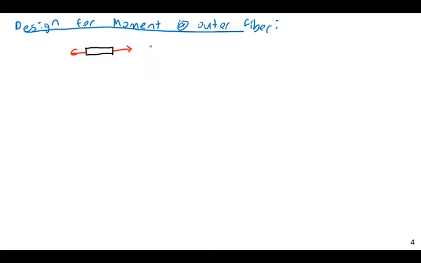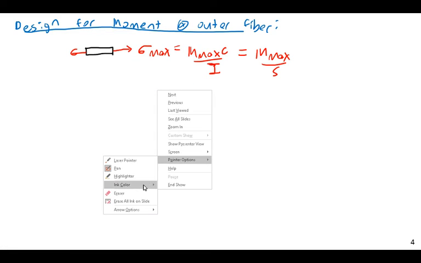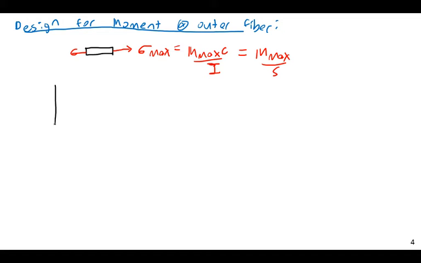And sigma max is going to be M max c over I, or simply M max over S. And this S, the section modulus, is what we can use to find our beam. We can select a beam based on the S criteria.